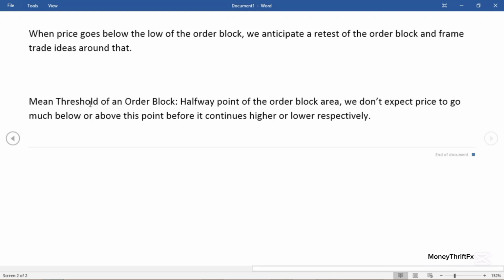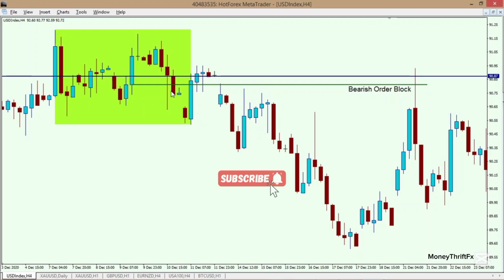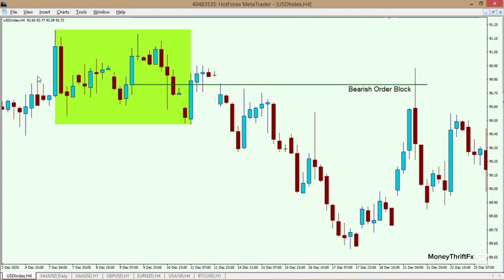Let me first show you guys this thing. So here is the chart of the USD index, and this is a range here. This is a consolidation here. Usually all I look for is, say if we go down out of this range, right?